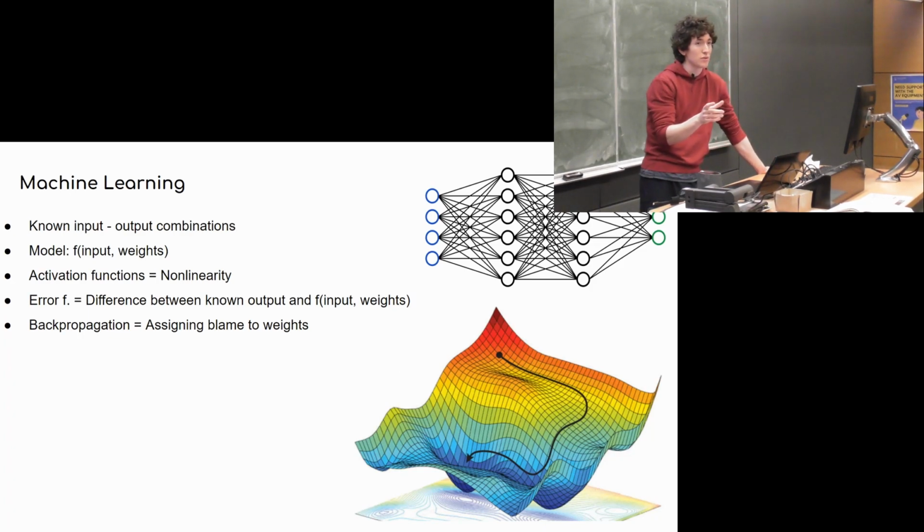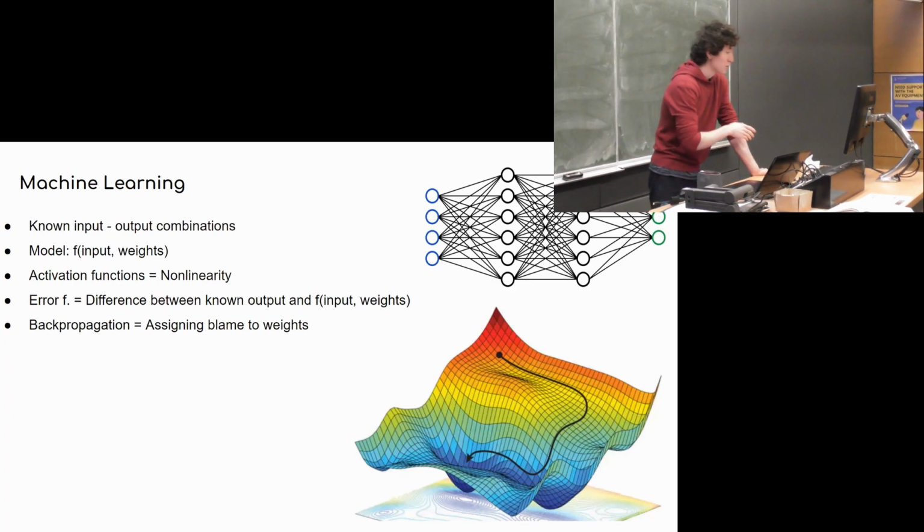But the error function on its own is not enough to bring you towards a decent model of your physical system. It tells you by how much you're wrong, but it doesn't tell you the ways in which you're wrong. And the ways in which you're wrong are captured in the derivative of the error function.